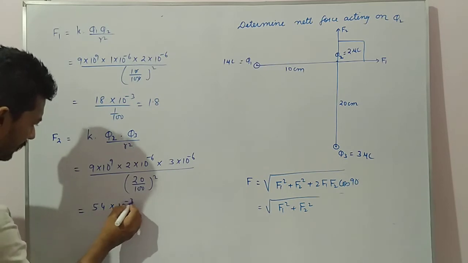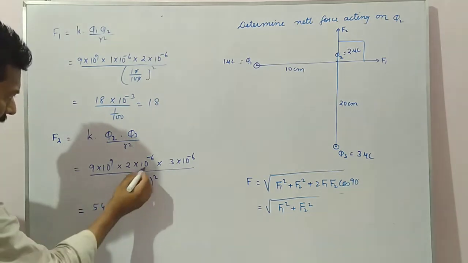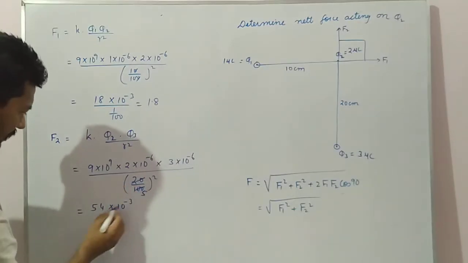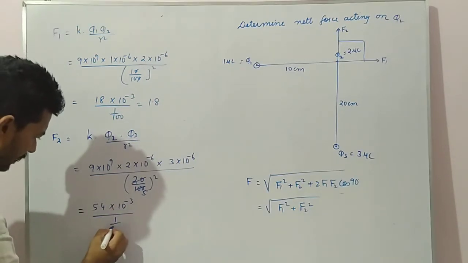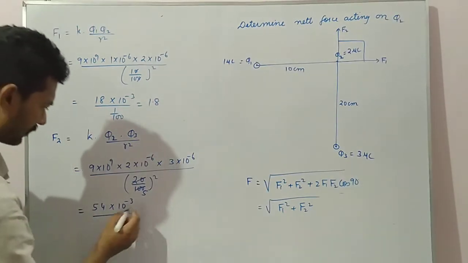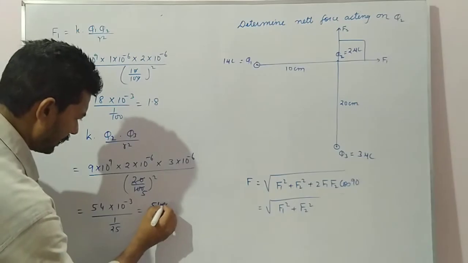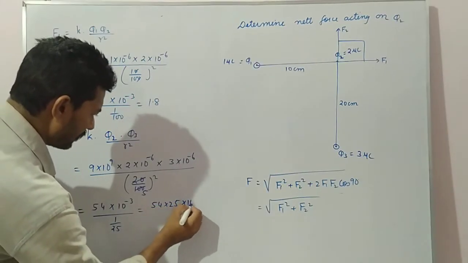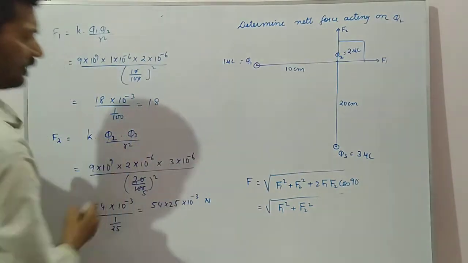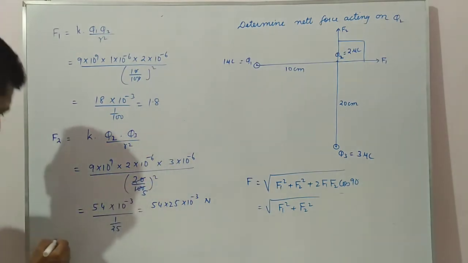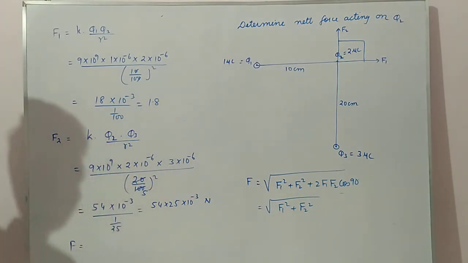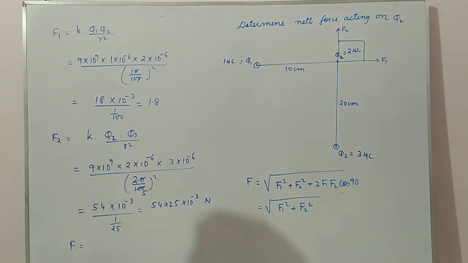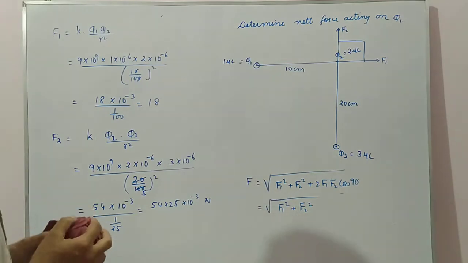So 54 into 10 to the power minus 3, and this one is 5, so 1 by 25. So 54 into 25 into 10 to the power minus 3 Newton. Now you can put the values. F equal to, you can put it. Okay. So this is related to 90 degrees. The previous was related to 120 degrees. Now one more simple sum you will get here.